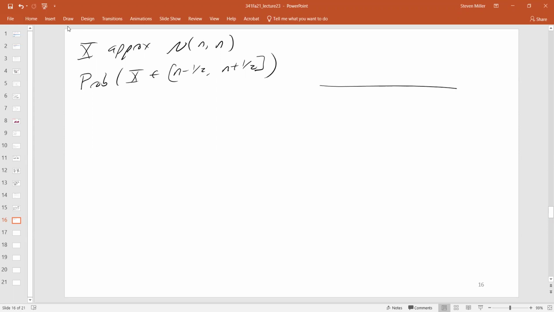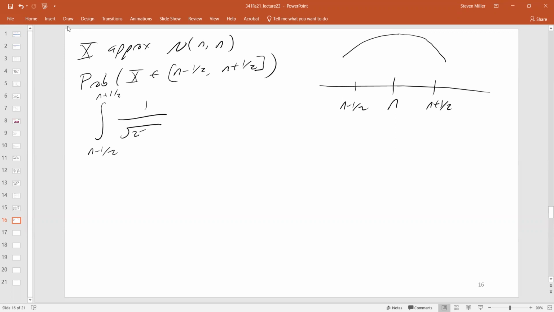So here's n plus 1/2, not to scale. Here's n minus 1/2. And so we want the integral from n minus 1/2 to n plus 1/2 of 1 over square root of 2 pi n, because that's the normalization, then you have e to the negative x minus the mean squared over 2n.